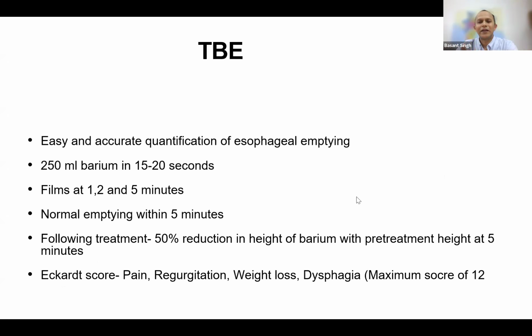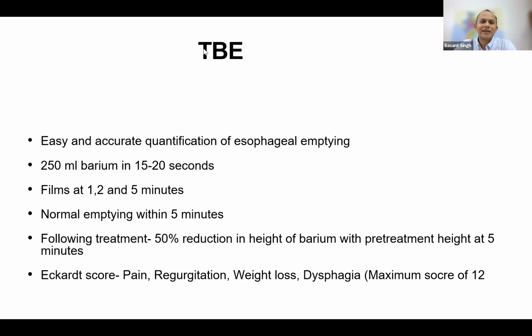You have a baseline value, and then you do this test after your myotomy, so you know what the reduction in the TBE is. Now you can actually quantify your barium emptying. Suppose the time duration was X, now it is Y, and there's a 50% reduction, then you can say that your myotomy has been done properly.